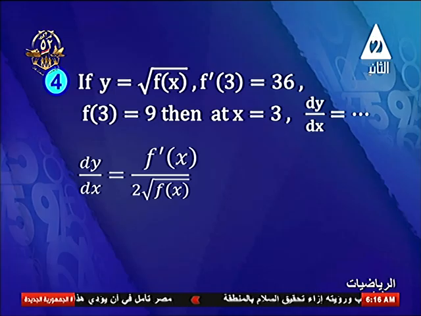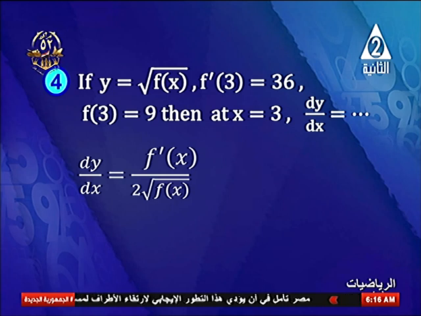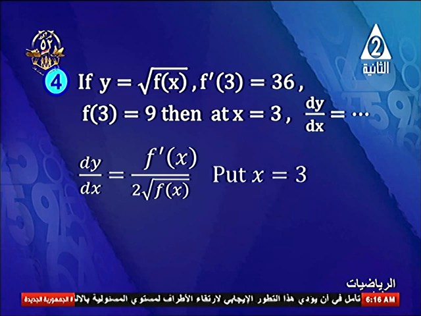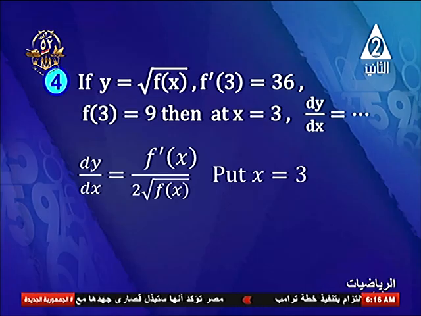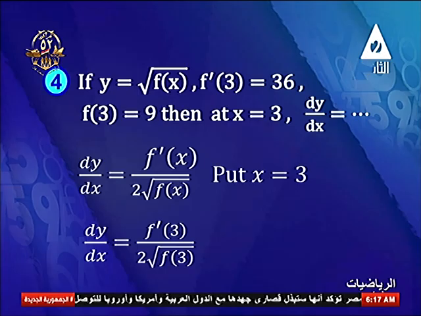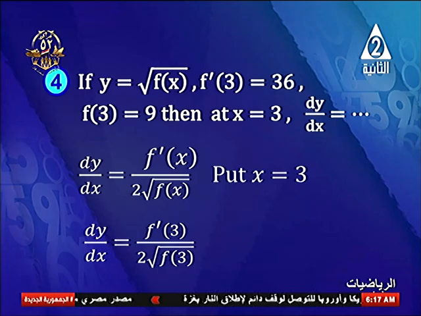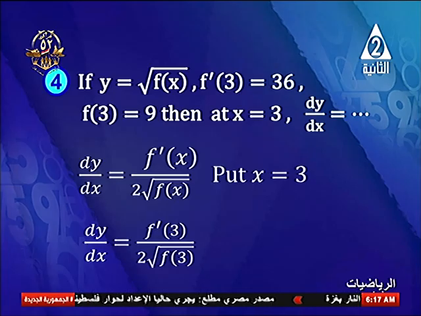In this case, dy over dx equals f dash of x over 2 square root f of x, putting x equals 3. Why? Because f of 3 equals 9. Then at x equals 3, dy over dx is f dash of 3. From the given, f dash of 3 equals what? 36 over 2 square root f of 3. F of 3 equals what?